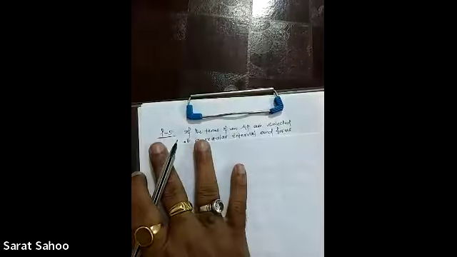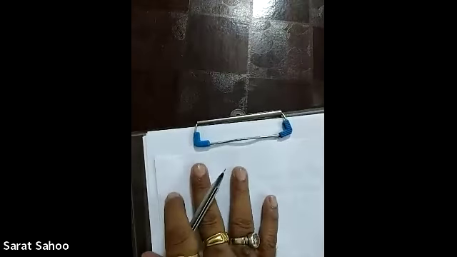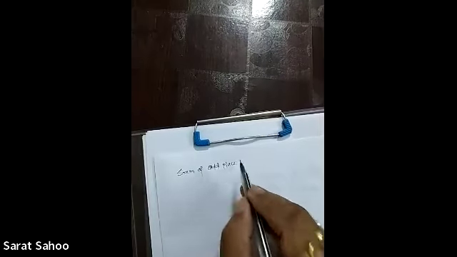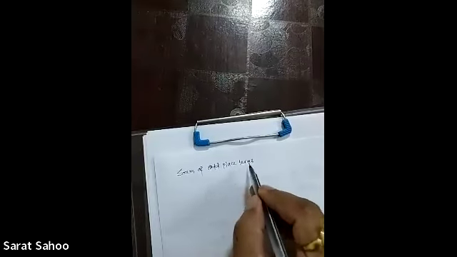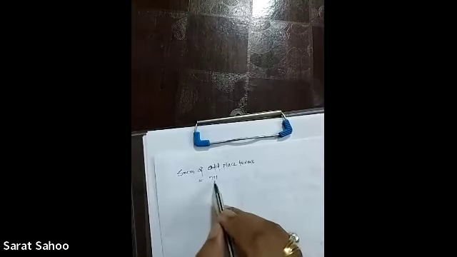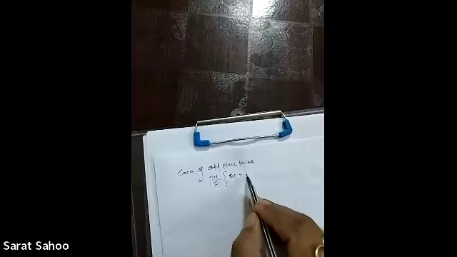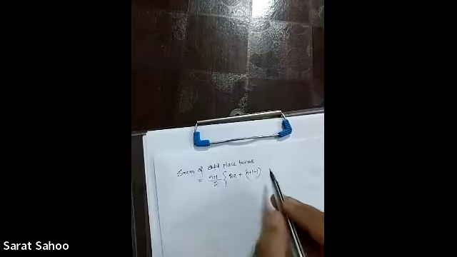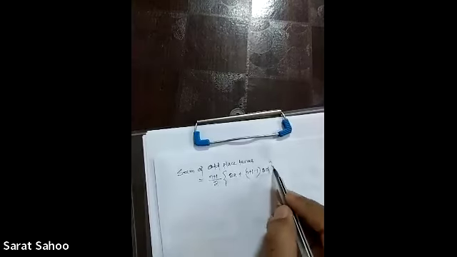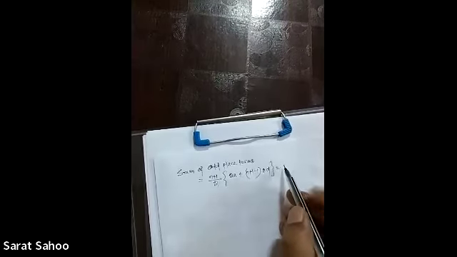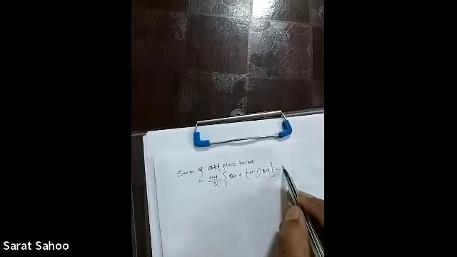Sum of odd place terms: the number of odd place terms is n plus 1, so n plus 1 by 2 into 2a plus n plus 1 minus 1, here the common difference is 2d, is equal to 248.